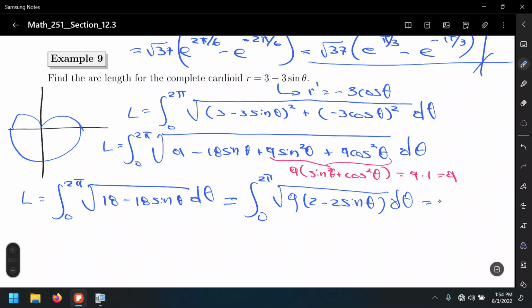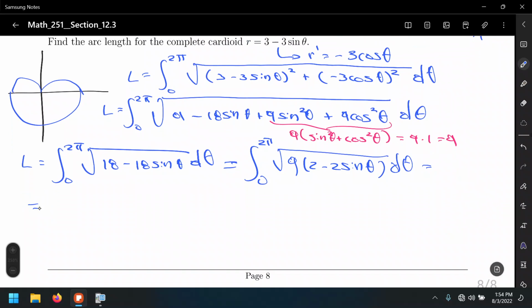So the square root of 9, which is 3, times the integral from 0 to 2 pi of the square root of 2 minus 2 sine theta. Okay? This looks ugly. So here's where the fun begins for this integral.